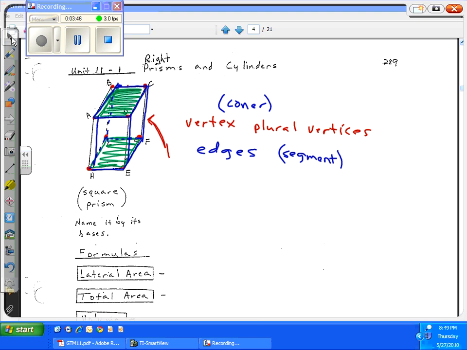These going up and down are called lateral edges. Now, lateral means side, so the edges on the side, okay? So we have the edges on the bottom and top. The edges at the base are called base edges. The edges around the sides are called lateral edges.